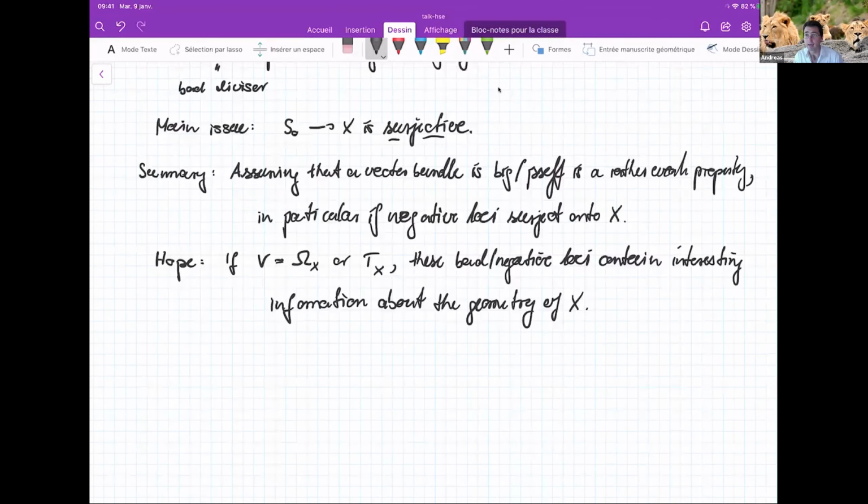And so I have some more time left, and therefore I would like to make a remark about pseudo-effectivity and existence of global sections, let's say for the cotangent bundle.